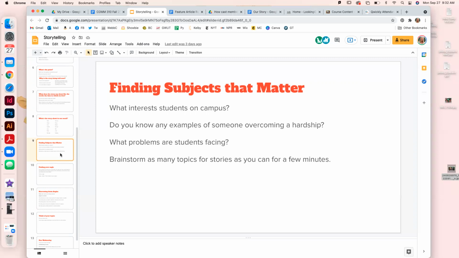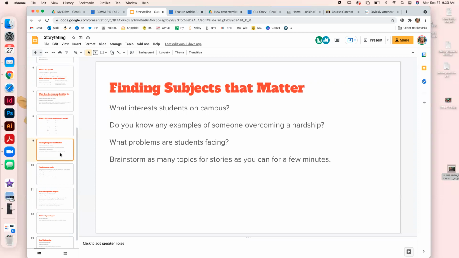You don't have to stick to the college campus. If you're involved in something off campus that you're interested in, that works too. But remember, you're going to have to interview people and find people to reach out to for the reporting. So make sure if you pick a big topic, you're able to narrow it down to someone you can have access to research.